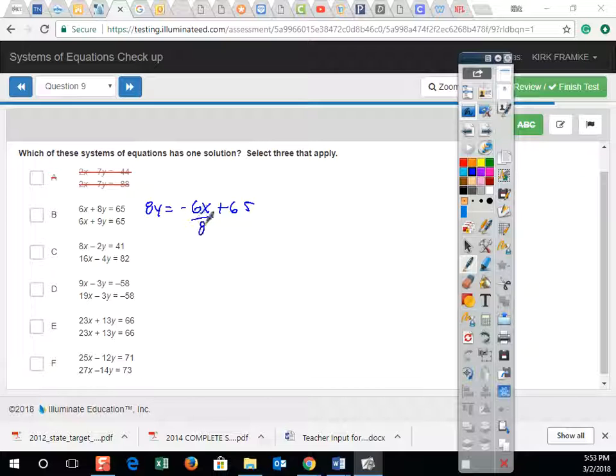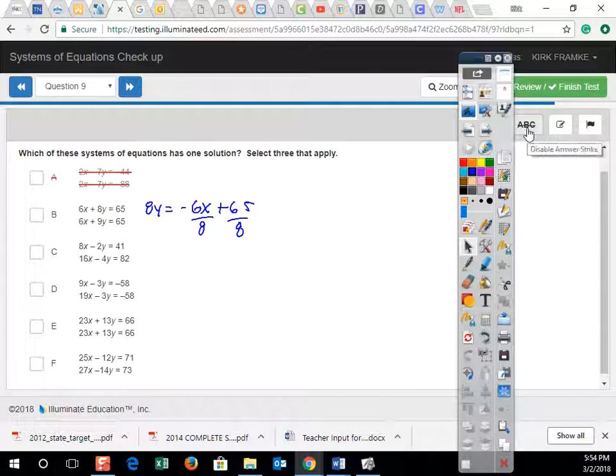I divide everything by 8. Clearly, I'm going to get a different y-intercept than when I divide 6 by 9. Sorry, a different slope. And we'll get a different y-intercept. So this clearly is going to have one solution.